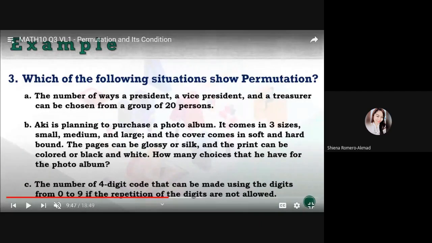Ano yung pipiliin mo? Sige, isipin mo muna bago magsagot. Yung iba, ano po answer ninyo?